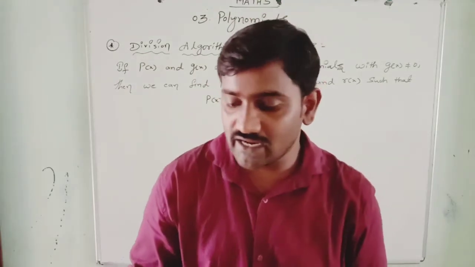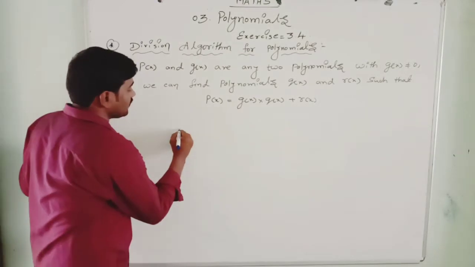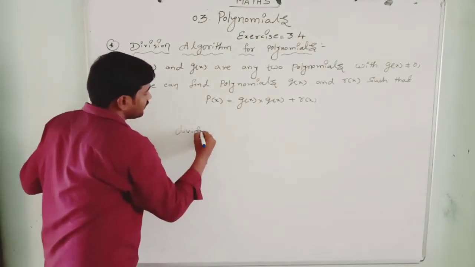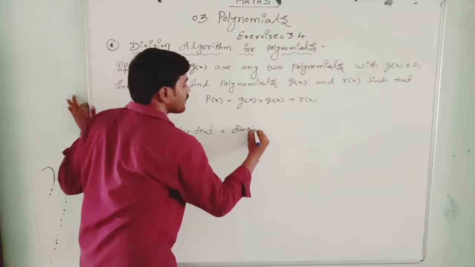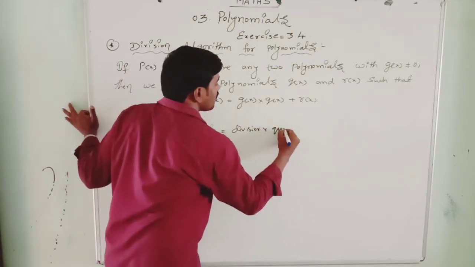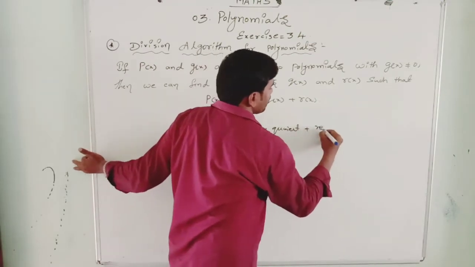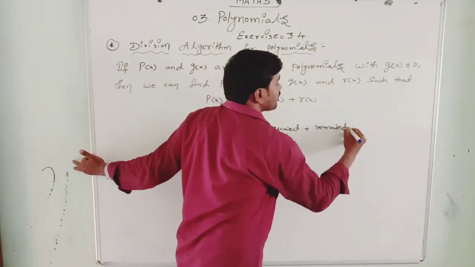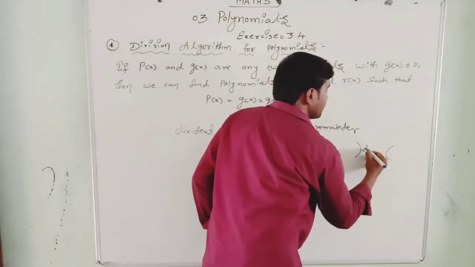Like the division algorithm, as we have studied right from 4th class, dividend is equal to divisor into quotient plus remainder.